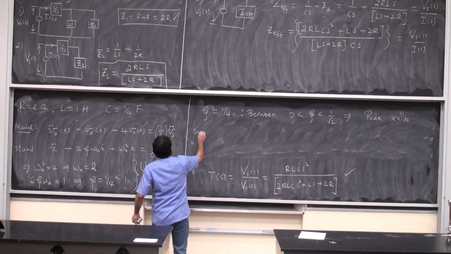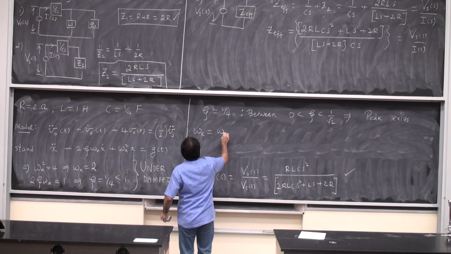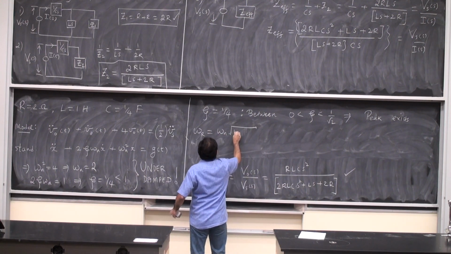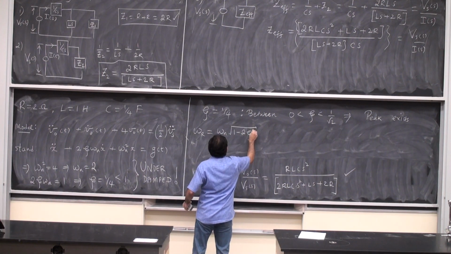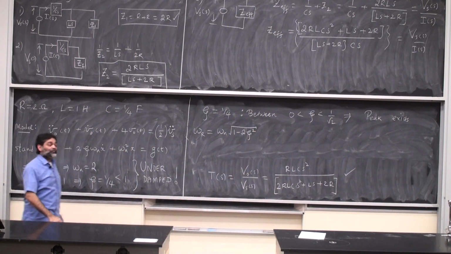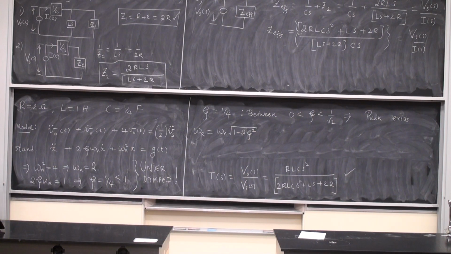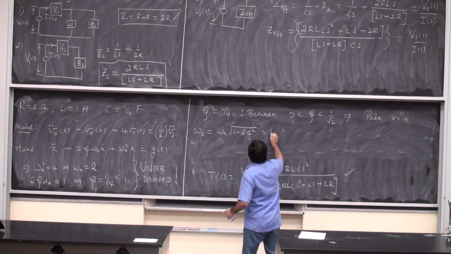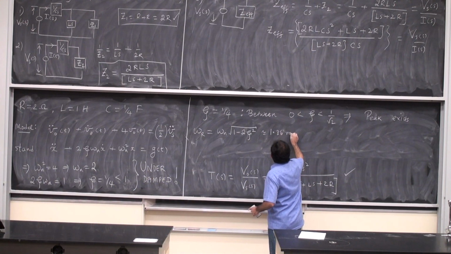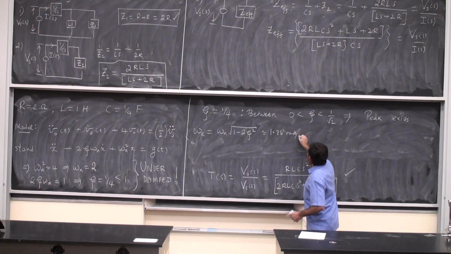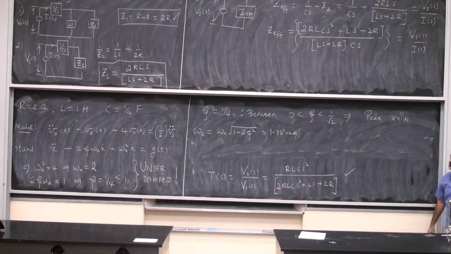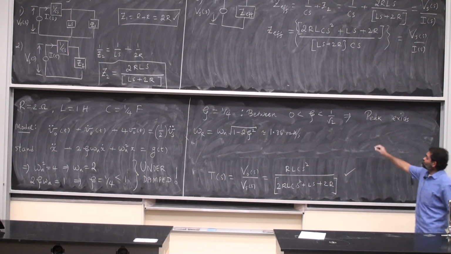So omega r is omega n times the square root of 1 minus 2 zeta squared. This factor of 2 remains. This is the same as what we've done in lectures. You substitute, it gives you 1.86 approximately, radians per second.